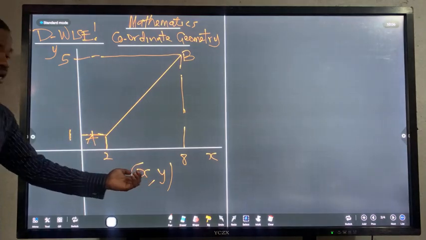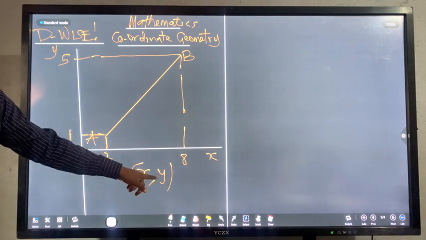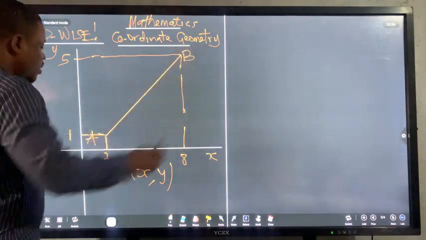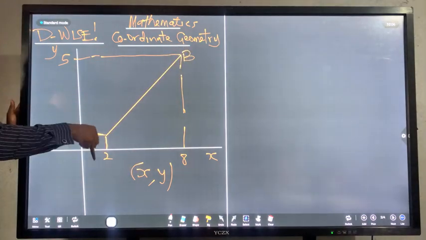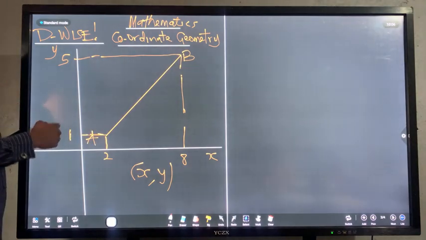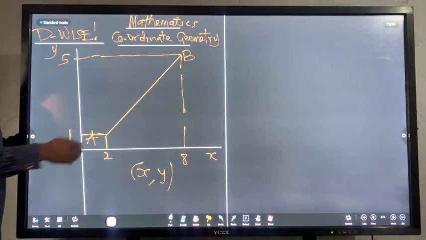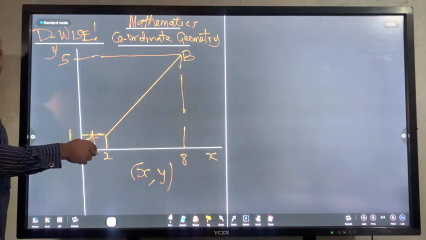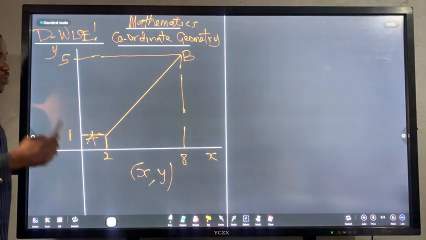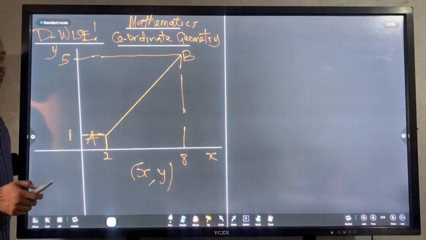The first coordinate is your x coordinate, and the next one is the y coordinate, on the Cartesian plane, right? Every point can be traced to the x-axis and traced to the y-axis. Where it coincides with the x-axis is the x-coordinate, and where it coincides with the y-axis is the y-coordinate.